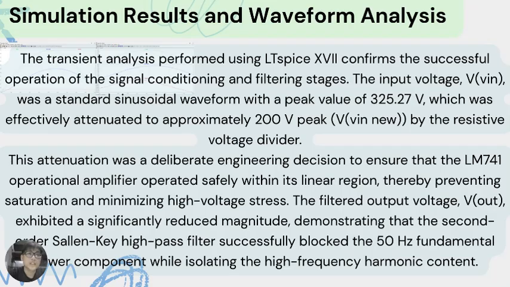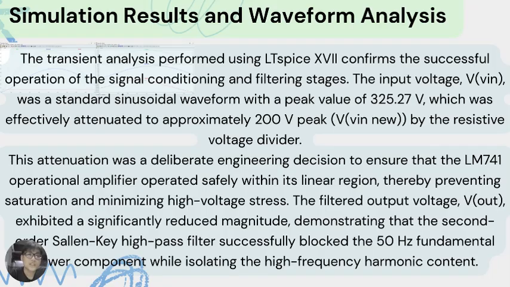The transient analysis performed using LTspice confirms the successful operation of the signal conditioning and filtering stage. The input voltage Vin was started in the simulation waveform with a peak value of 325.27 volt, which was efficiently attenuated to approximately 200 volt Vin new by the resistor voltage divider.